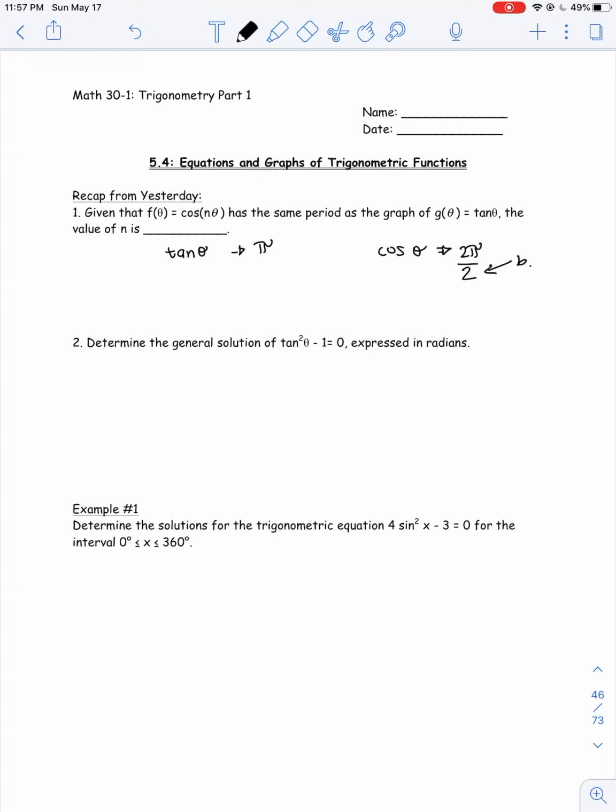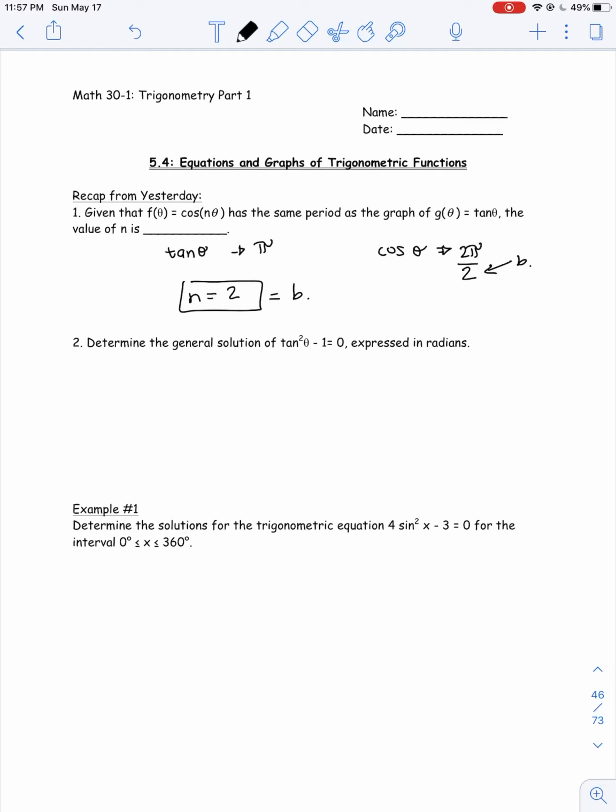By dividing by 2, that gives you the b value, because normally we would have to take the reciprocal of it in order to actually be the factor that would multiply by your period. So n would have to be 2. So that's your b value. That is equal to your b value in this equation.